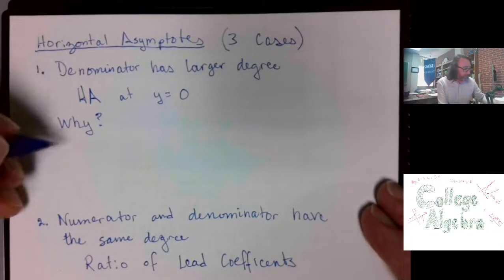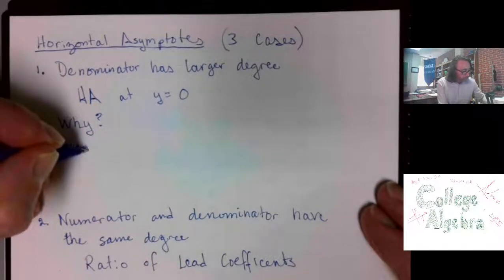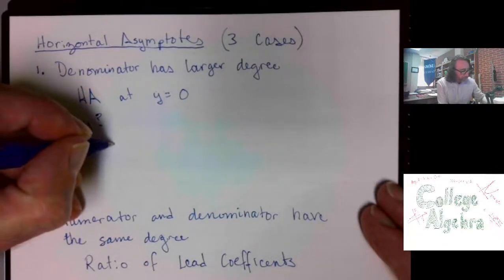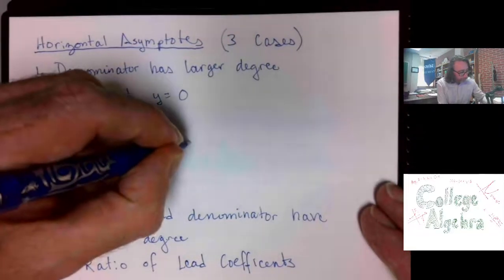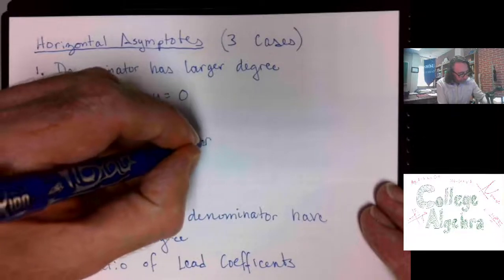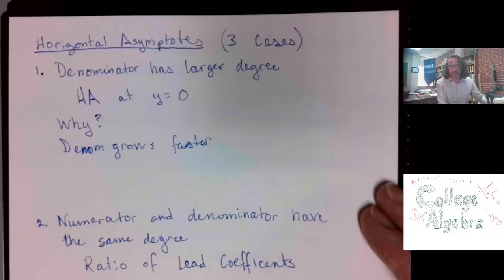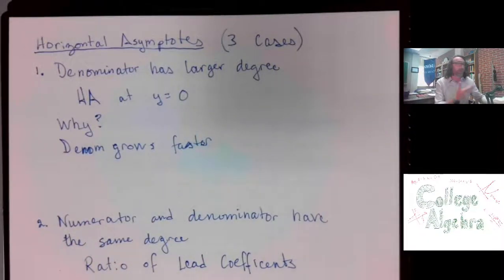What's going on? Well, the denominator is growing at a much faster rate than compared to the numerator. So in our example, the numerator involved x to the first, the denominator involved x squared.